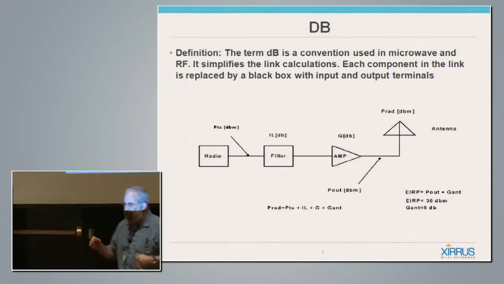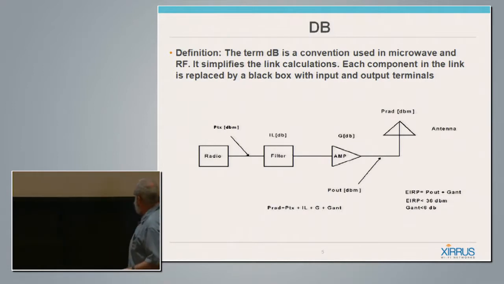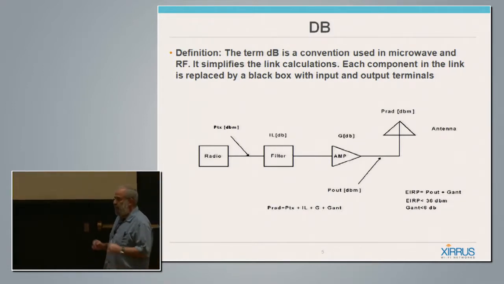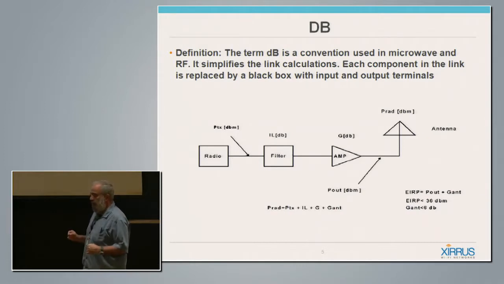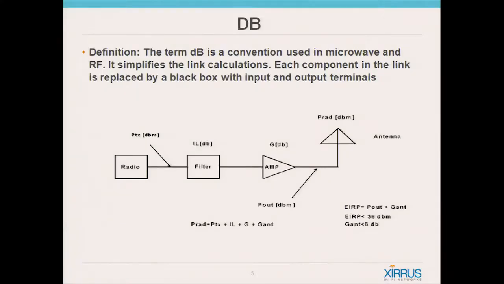When we talk about amplifiers, filters in the RF, or the radio, instead of talking about milliwatts and watts, just numbers, if we have an RF chain and we have to calculate the power at the antenna, we'll have to start to multiply numbers and divide numbers, or instead we convert everything to dB. So it's much easier to say the radio is putting out so much power in dBm, which is equivalent to milliwatts in dBs. We have a filter, which has certain characteristics, including loss.